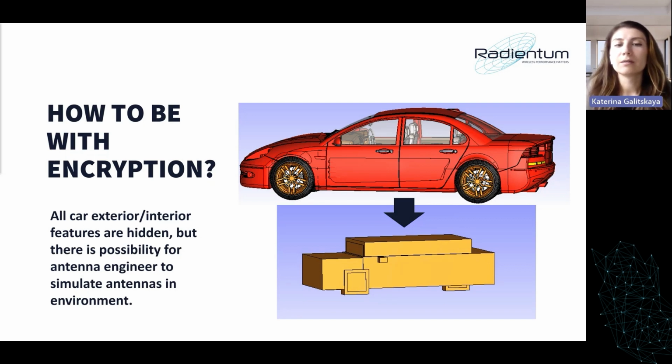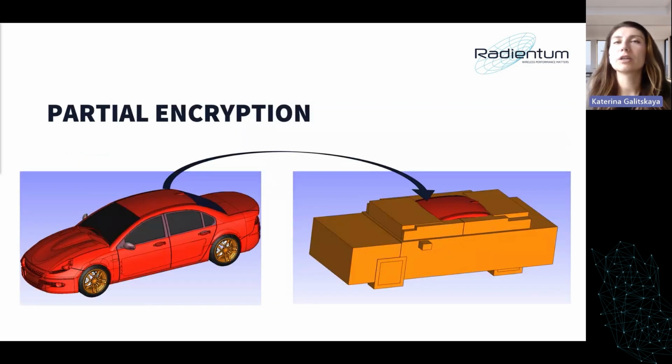So that's why, as we can see on the next slide, we can have a partly encrypted model. In this case, if we want to simulate, for example, this shark fin antenna that I explained in the beginning, and we want to get the encrypted model, and for example, we want to simulate the best antenna placement, and we have, for example, the roof open.